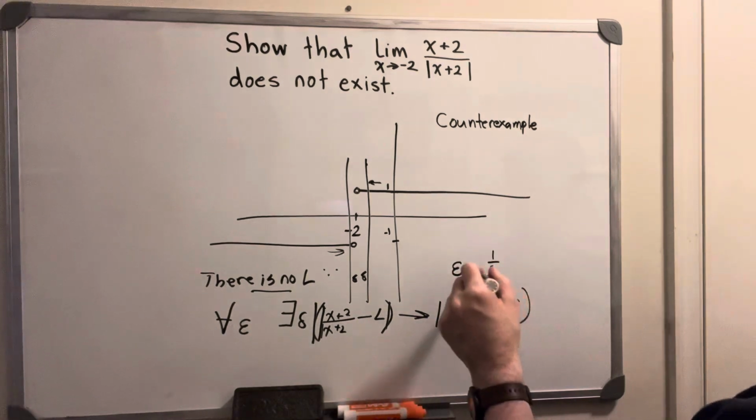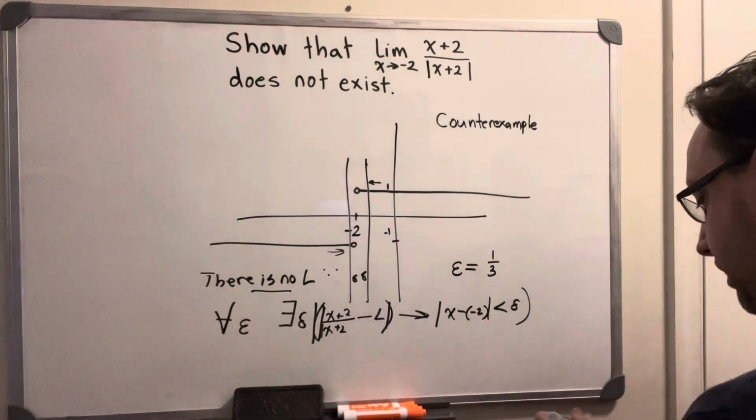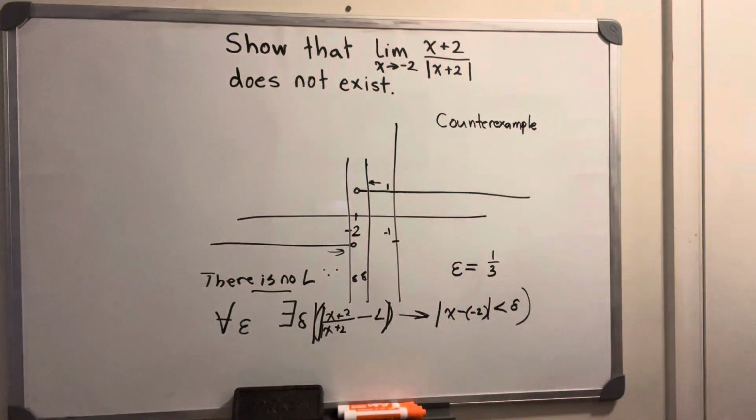So if there is no value that you can get closer and closer to, then the limit does not exist.